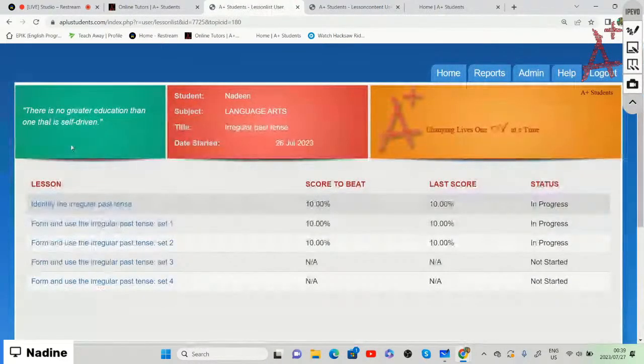All right, so far we have been forming and using different irregular past tense verbs. We specifically put more emphasis on forming and using irregular past tense forms because remember we said that there is no specific rule that we need to follow when it comes to irregular past tense forms. You just need to know the word. The wording will change from one word to another because that verb will be irregular, but there's no specific rule that we will follow.